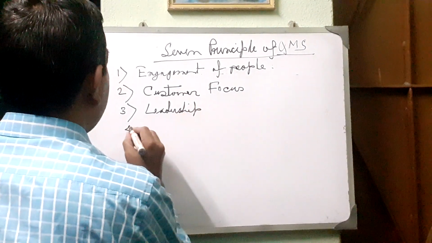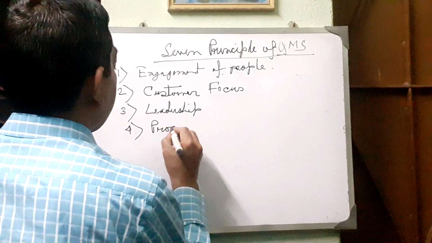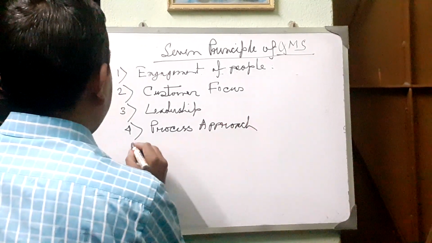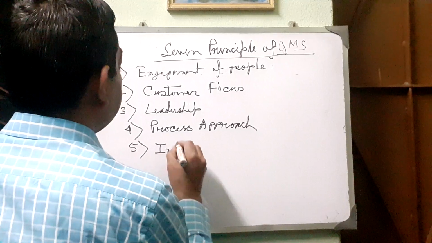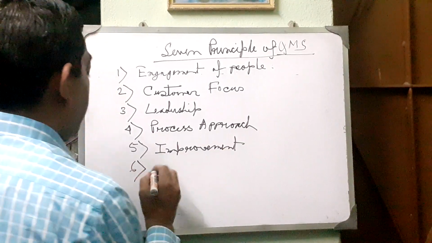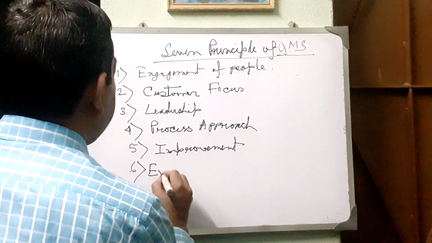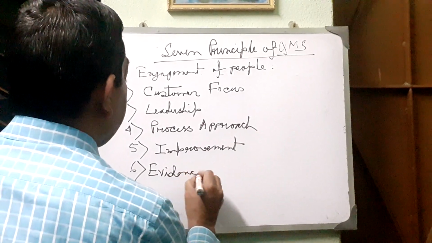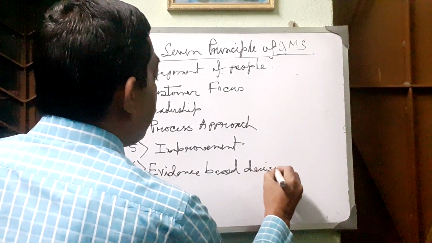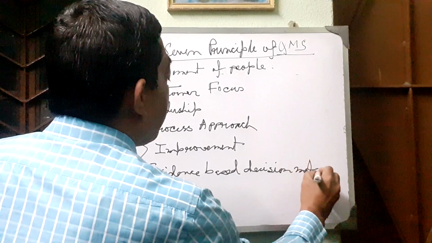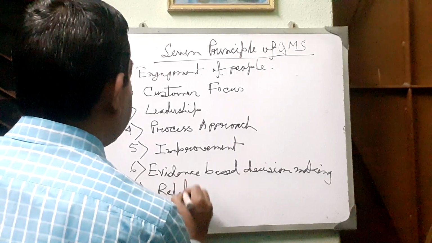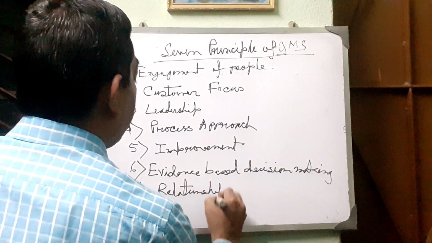then process approach, then improvement, then the sixth one is evidence based decision making, and the seventh one is relationship management.